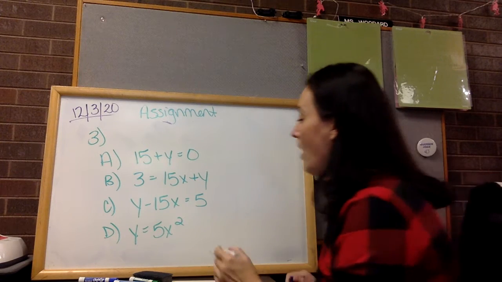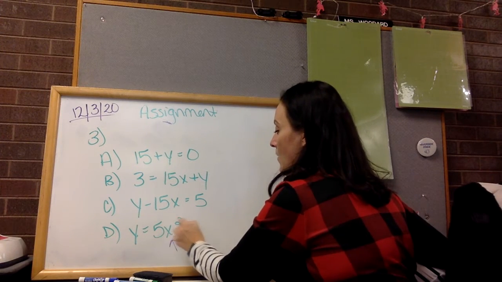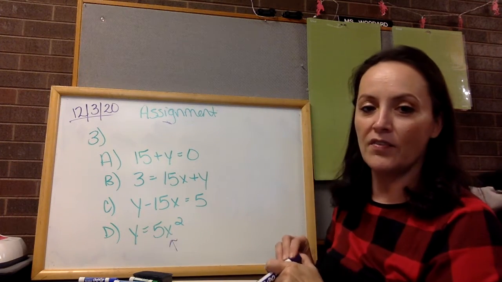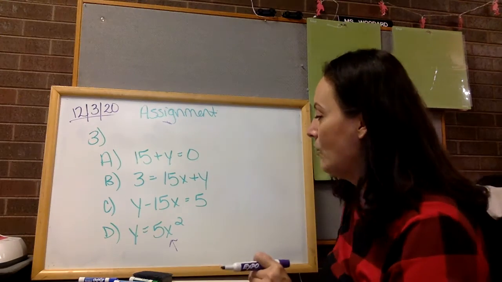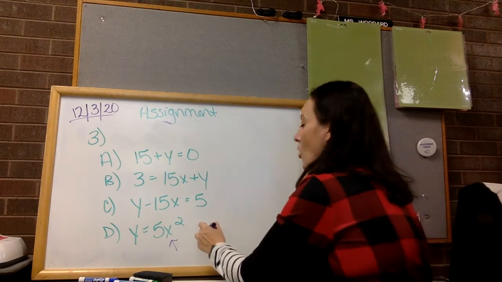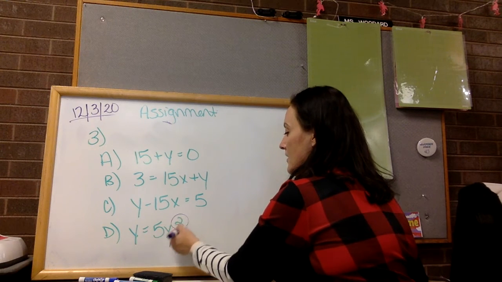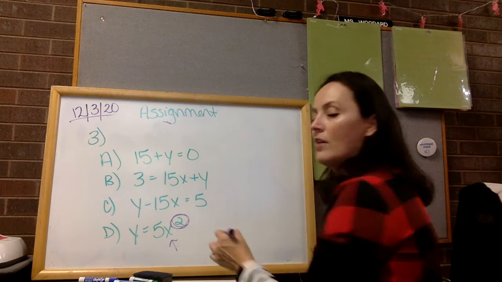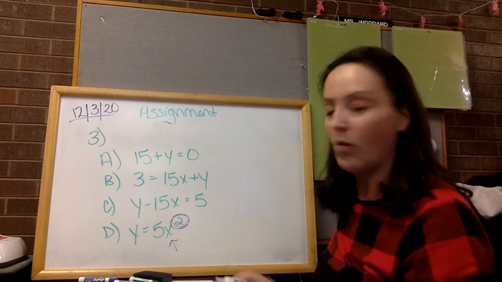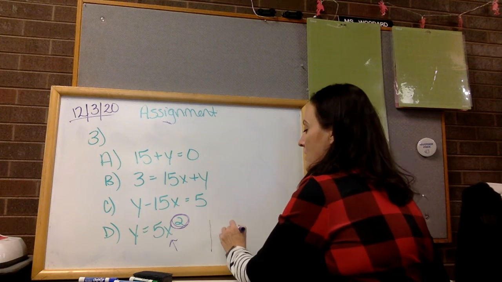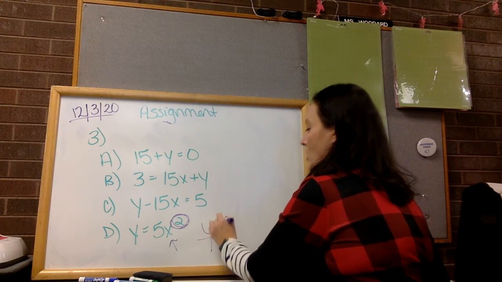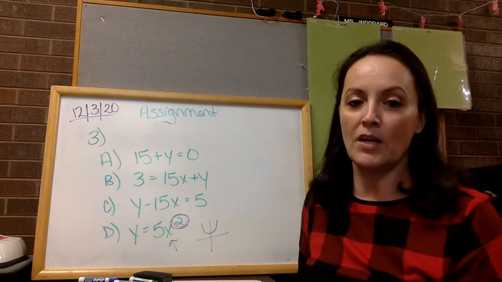I want you to automatically always eliminate whenever there's an exponent involved. That y equals 5x squared. I know this looks kind of like mx plus b, but look at this little guy right there. That little guy's going to change our whole graph. You aren't going to graph these for a while, but when we do, the graphs are going to look like something called a parabola.